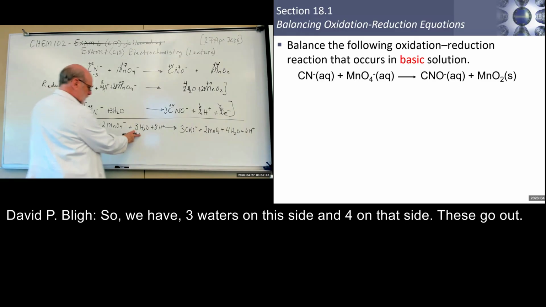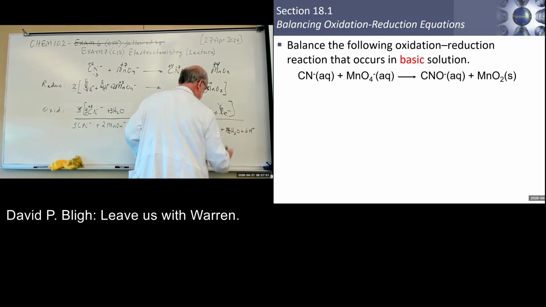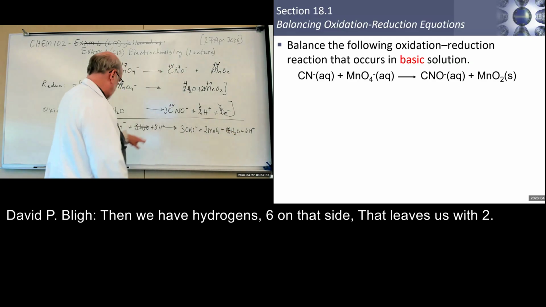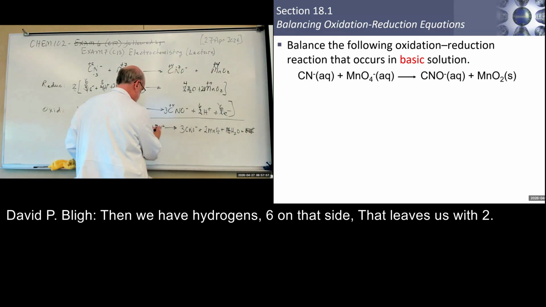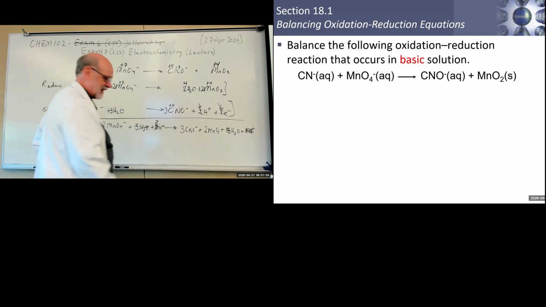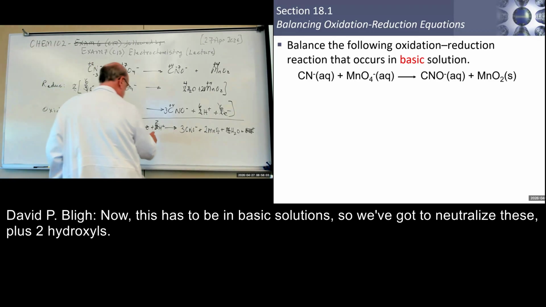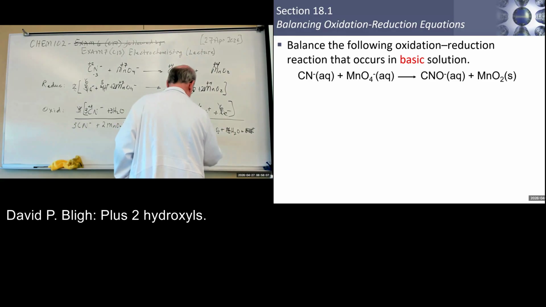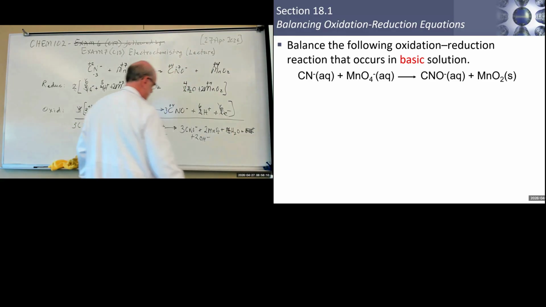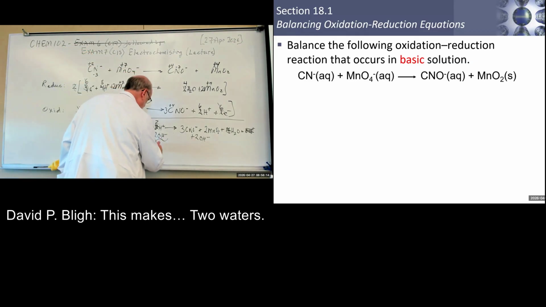So we have 3 waters on this side and 4 on that side. These go out, leave us with 1. Then we have hydrogens, 6 on that side. That leaves us with 2. Now this has to be in basic solution, so we got to neutralize these. Plus 2 hydroxyls, plus 2 hydroxyls. Okay? This makes 2 waters.